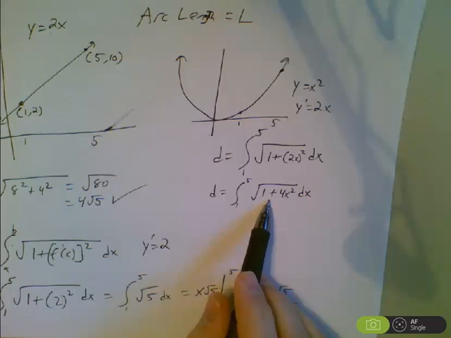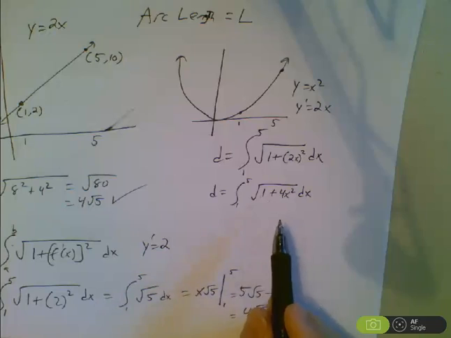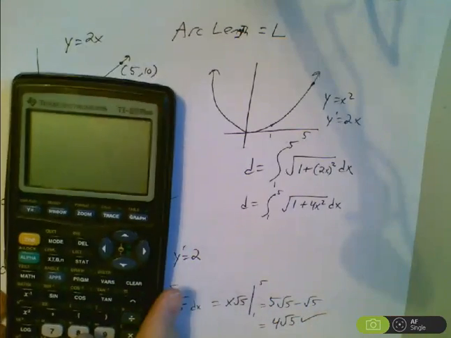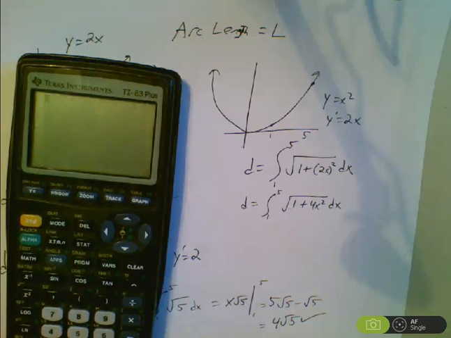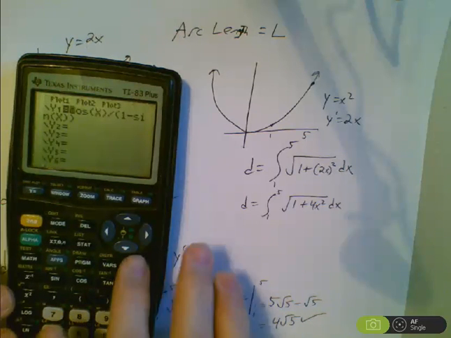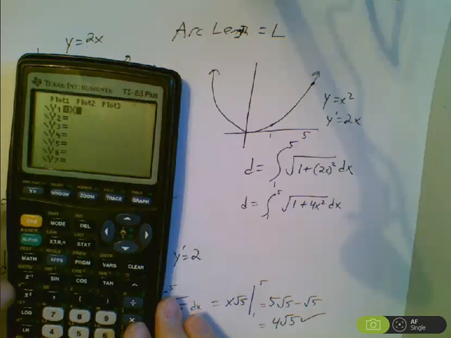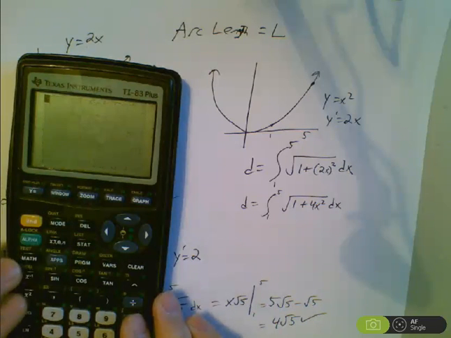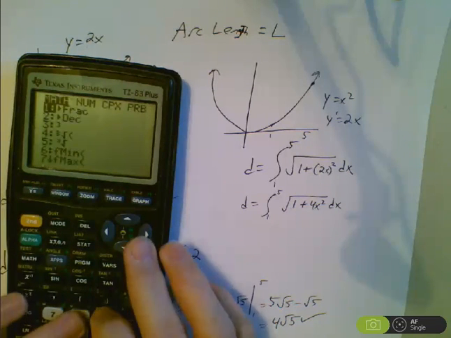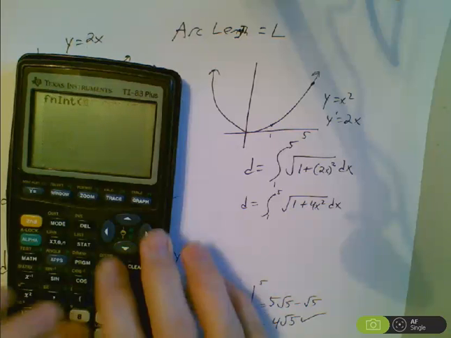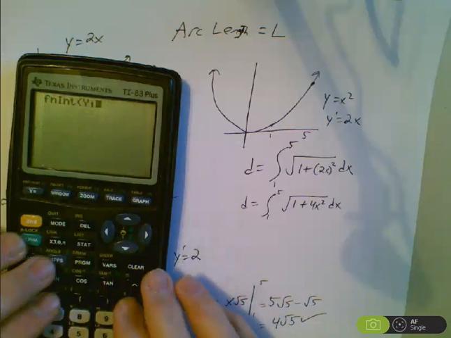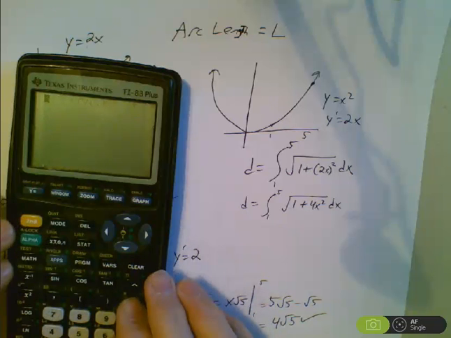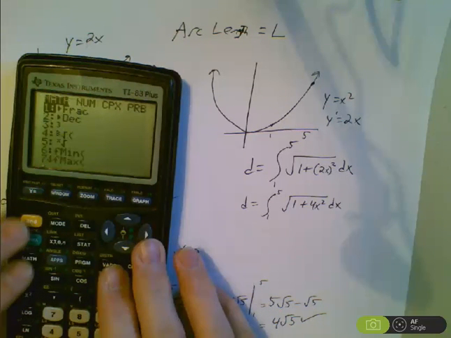Okay, so hopefully you remember how to use your calculator. So let me get mine over here. Alright, so y equals x squared. I'll put that into my y1. And let's see, I think it was math 9, FNINT. Oh, sorry, going too far old school.